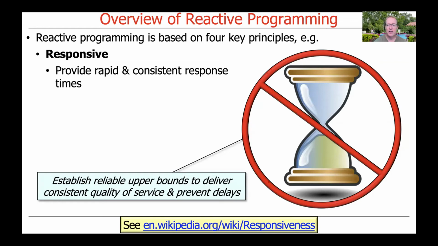We'll start by talking about responsive. What this means is that systems designed using reactive programming are intended to provide rapid and consistent response times. More specifically, you want reliable upper bounds on the time taken to deliver events, to give consistent quality of service and quality of experience, and try to prevent delays.